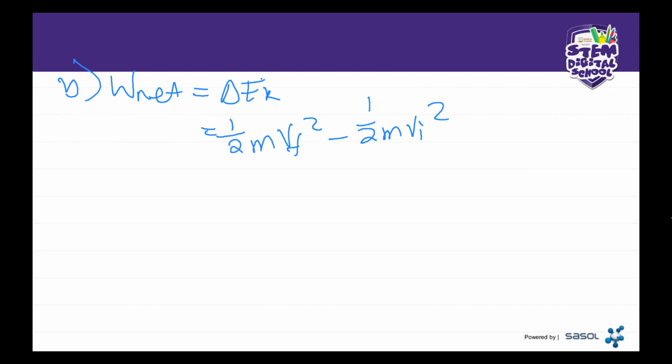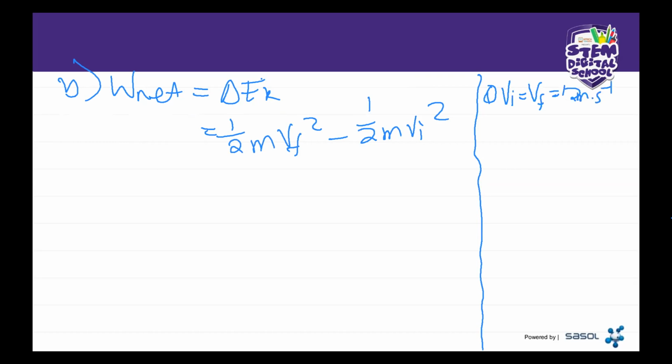So what do we know? Let me just write notes on the side. On the first condition, we had a constant velocity, which means that VI was equal to VF.